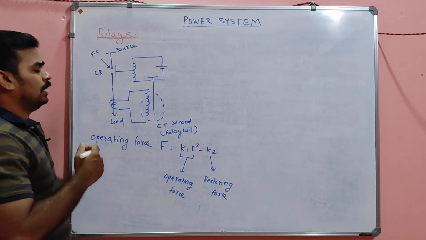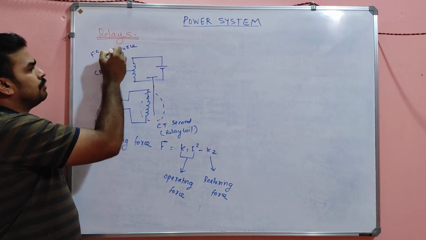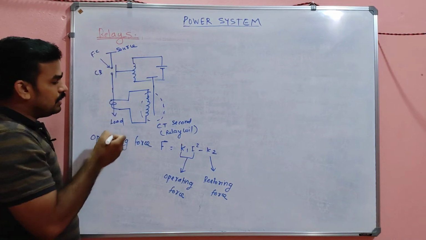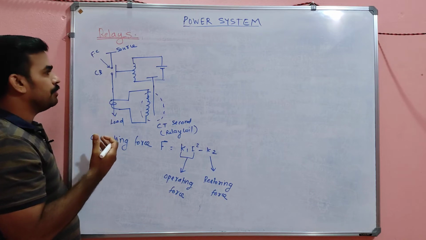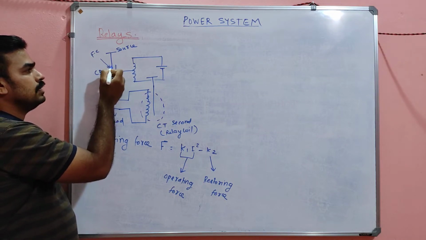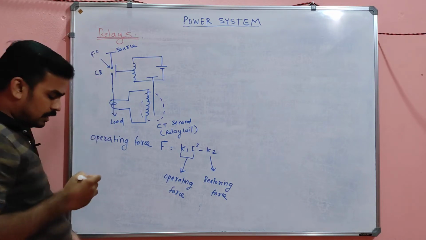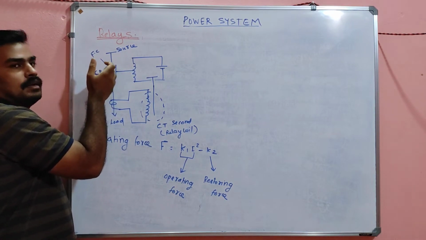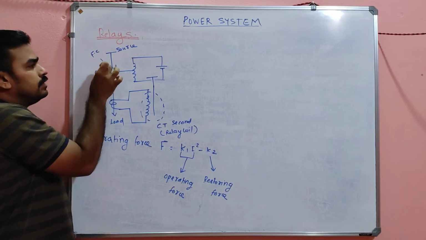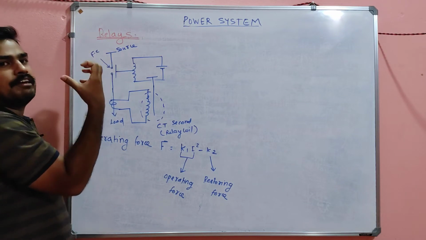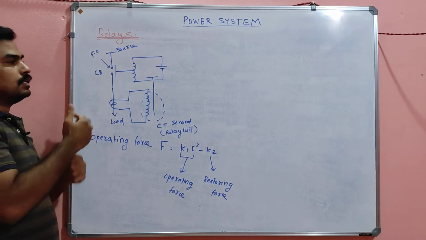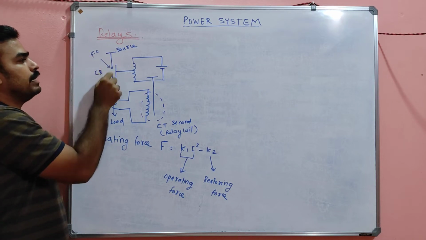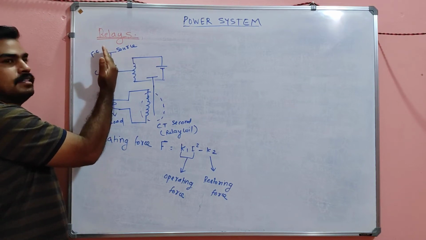So this is a normal operating region. The load is absorbing a certain amount of current and the breaker is in this position. To keep it in this position, there is a spring attached to this circuit breaker so that it will always be like this.